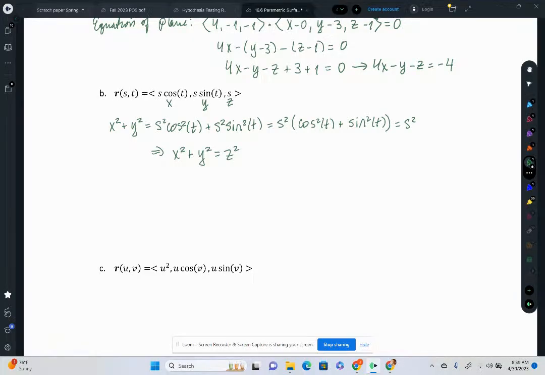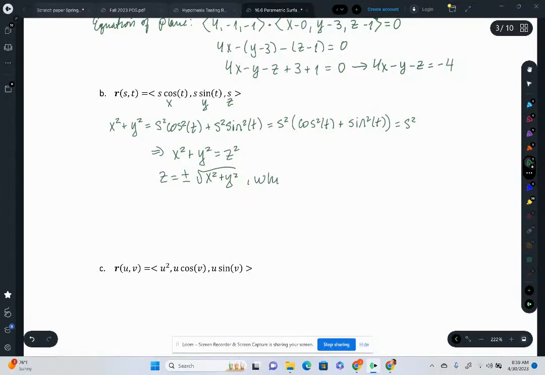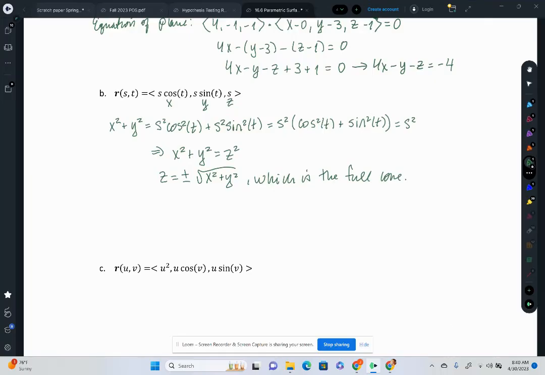Because there are no restrictions on s in this parametric surface, z can take on plus or minus the square root of x squared plus y squared, which is the full cone, right? Because we can get the positive and the negative solutions for z, meaning we'll get the top half of the cone and the bottom half of the cone.